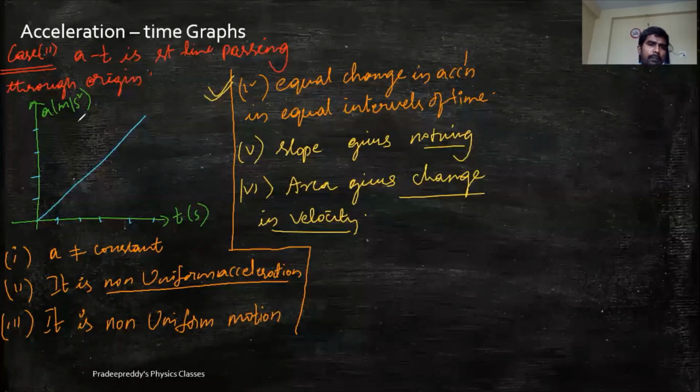And all remaining points which we have discussed were learnt in case 1 also. So the only differences are this point and the other one, non-uniform acceleration. In case 1 you learn that it is uniform acceleration. Here it is non-uniform acceleration.